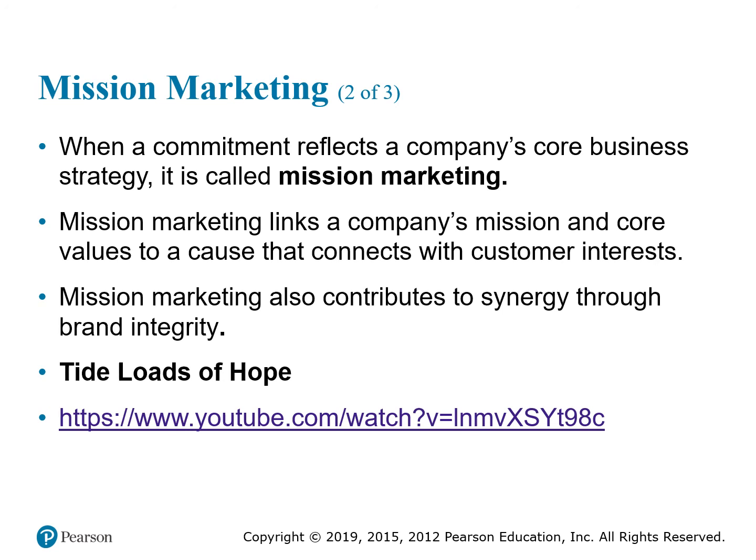So I have an example of mission marketing for Tide, as in detergent. They have an event several times a year, depending on where they're needed, called Tide Loads of Hope. They go around and basically do people's wash when there's a flood, a hurricane, or any kind of natural disaster where people can't help themselves.